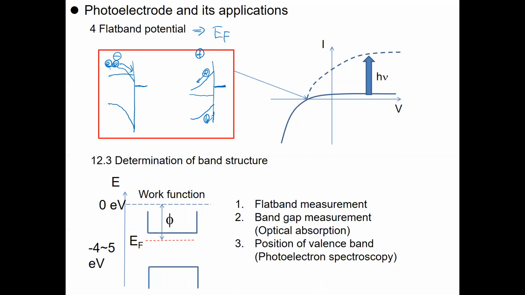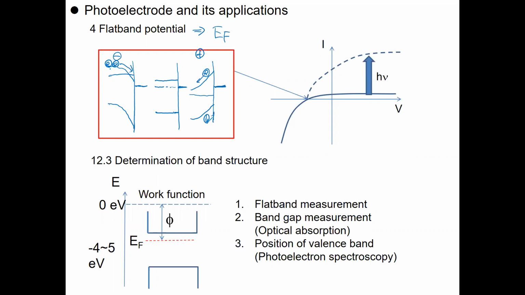here, so at some moment, the Fermi level matched the redox potential of a chemical species. In this case, the band is not changing anymore.